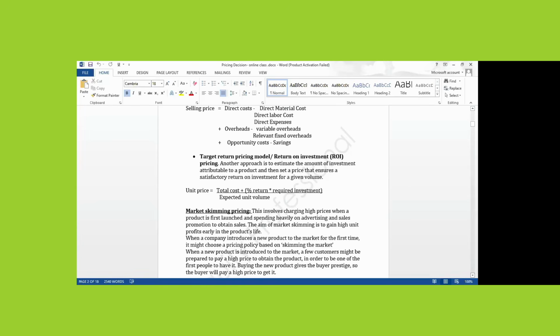Number 3, target return pricing model. It's also called target return on investment pricing.